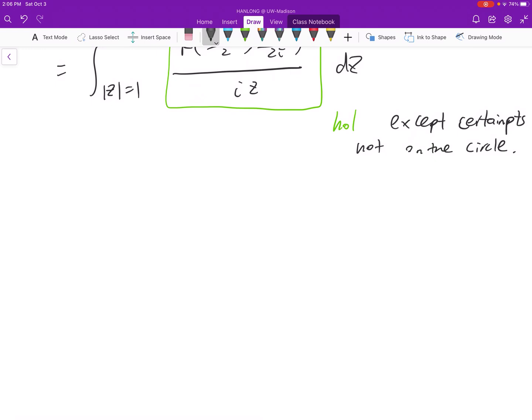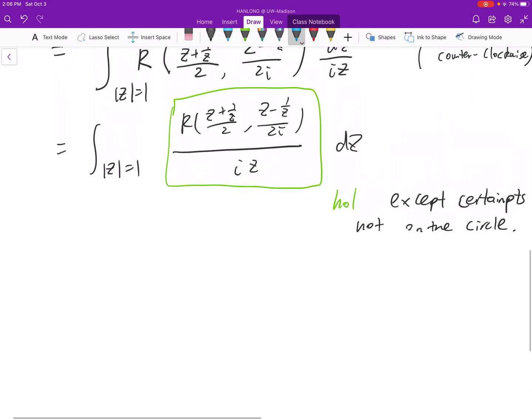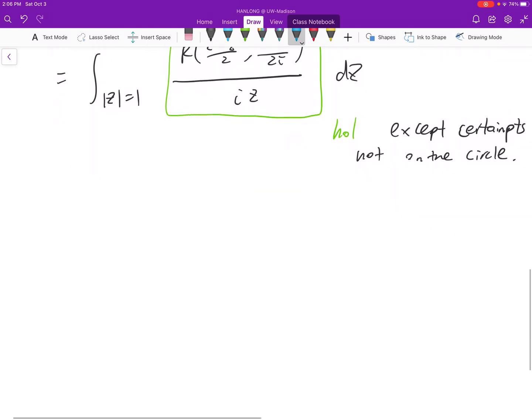So to calculate this, we can use the residue theorem.